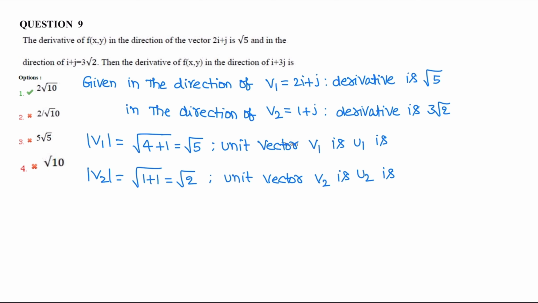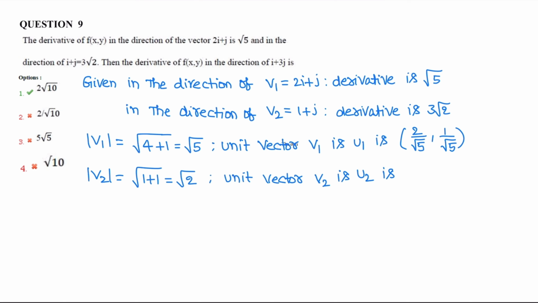Now the modulus of vector v1 is root 5 and the unit vector for v1 is u1, that is 2 by root 5 comma 1 by root 5.